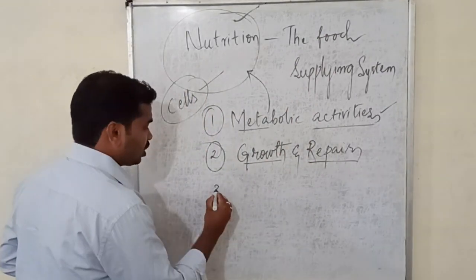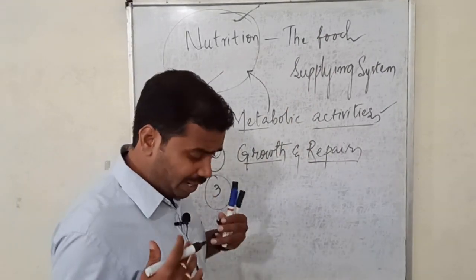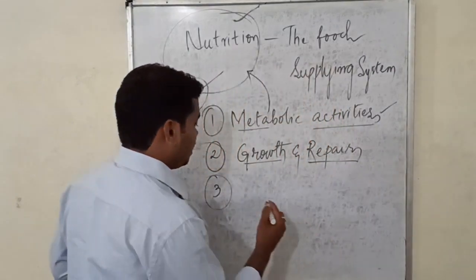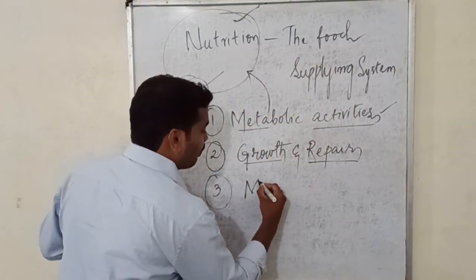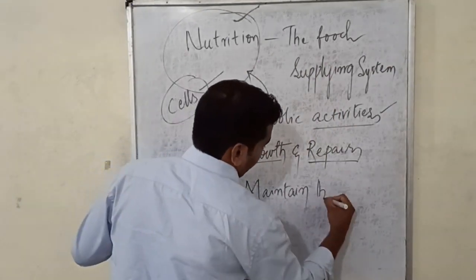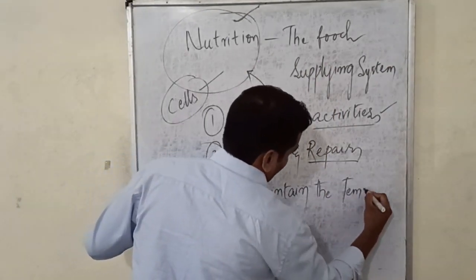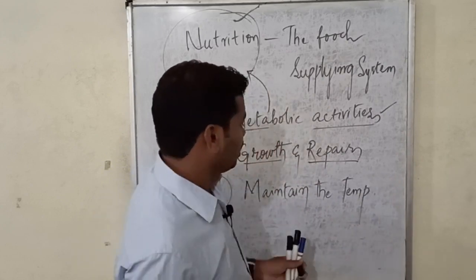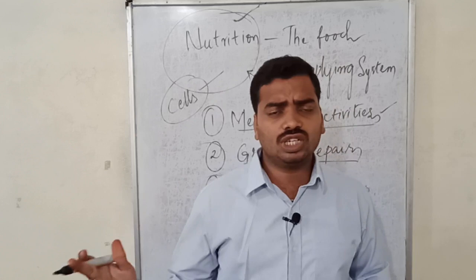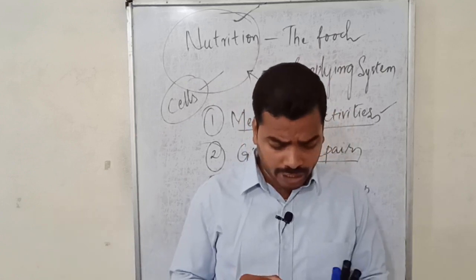And the third major thing, the energy which is spent mostly in our body, is to maintain the temperature of the body. Why exactly is maintaining temperature very important within the body?